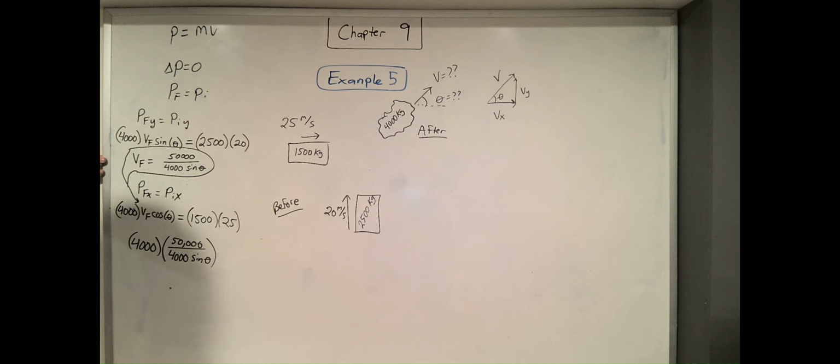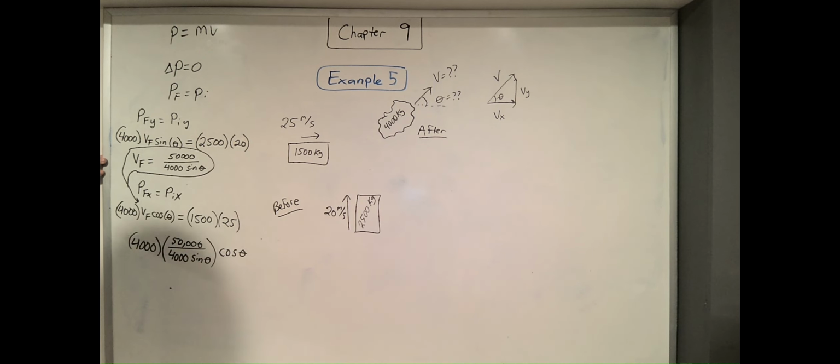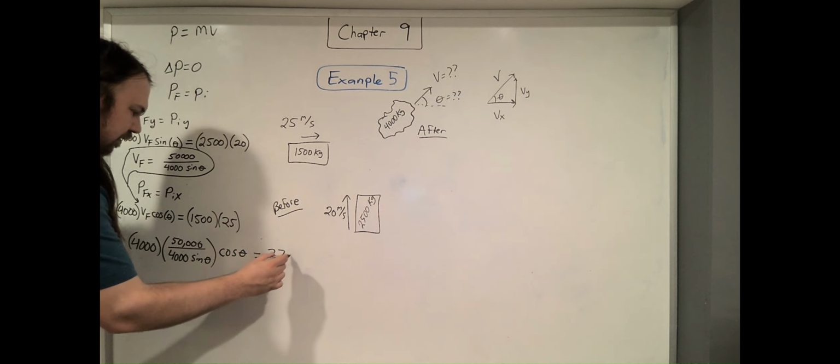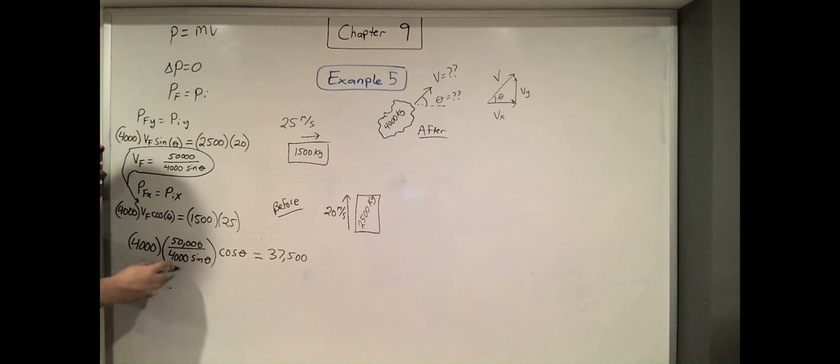And then that's for VF, so I also have to multiply this by cos theta. And then this whole thing is equal to 1,500 times 25, which is 37,500. I've got multiplying by 4,000 and dividing by 4,000, so I can get those out of the way.